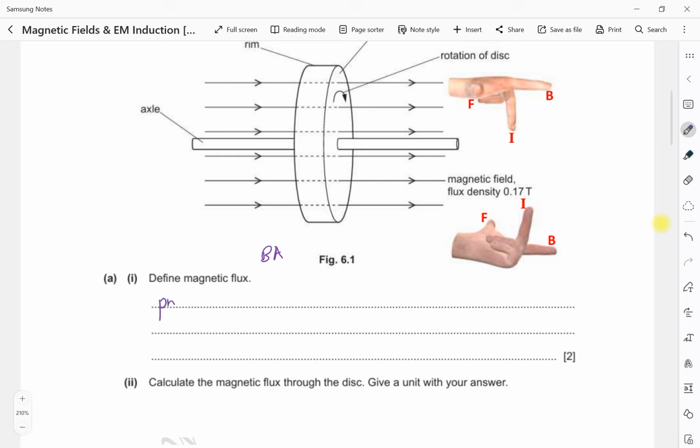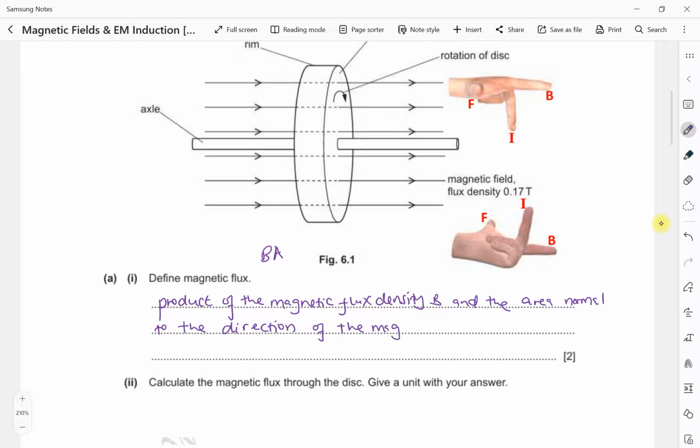So this is the product of the magnetic flux density, that is B, and the area normal to the direction of the magnetic field, or perpendicular to the direction of the magnetic field. That is, flux equals B times A.